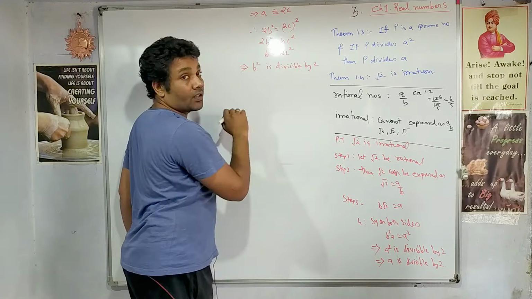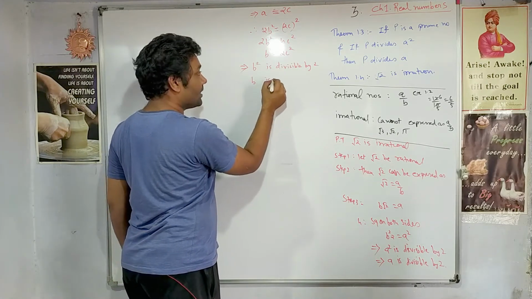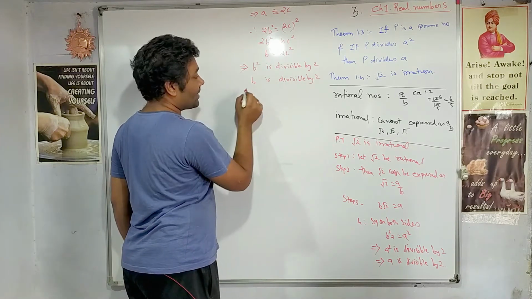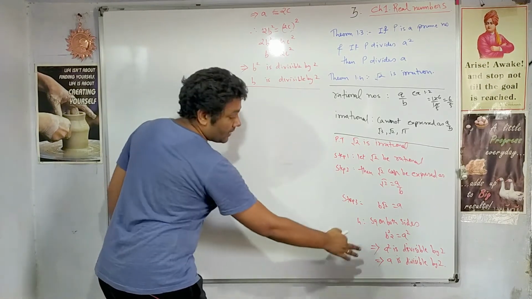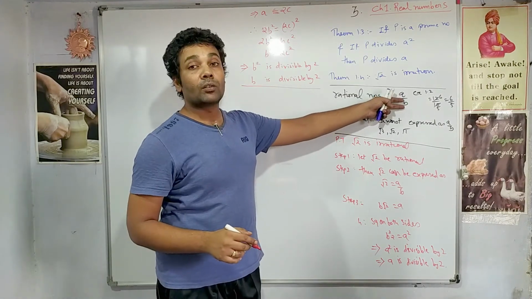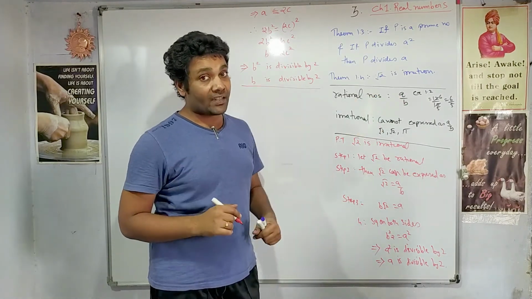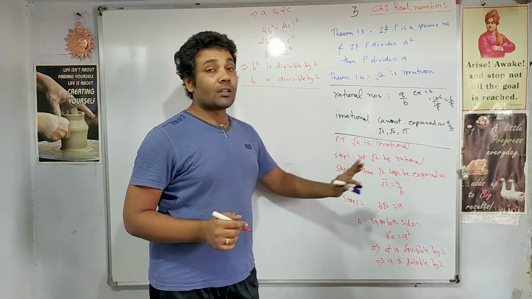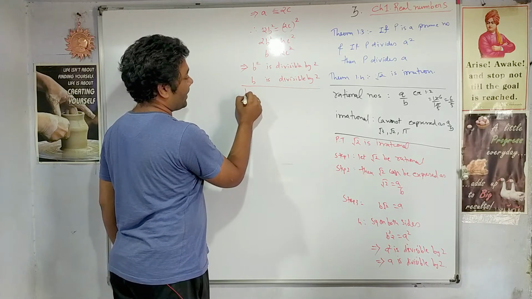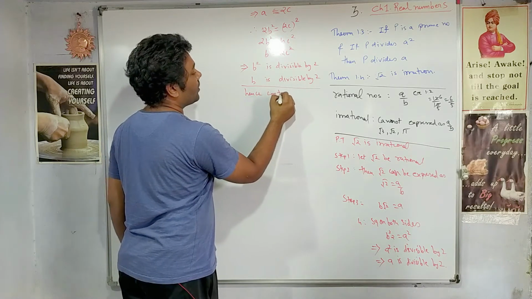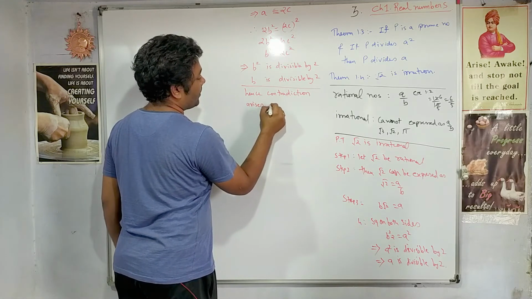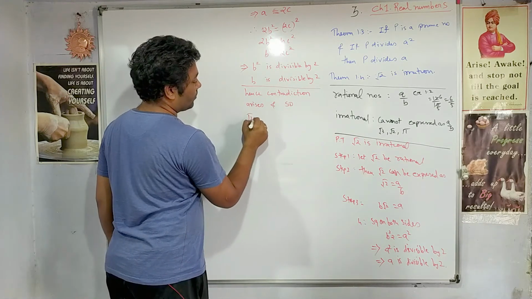If b square is divisible by 2, b is divisible by 2. Now a contradiction arises. a is divisible by 2, and b is divisible by 2, which means both of them have a common factor. Hence this is wrong. So we can write: hence the contradiction arises, and so root 2 is irrational.